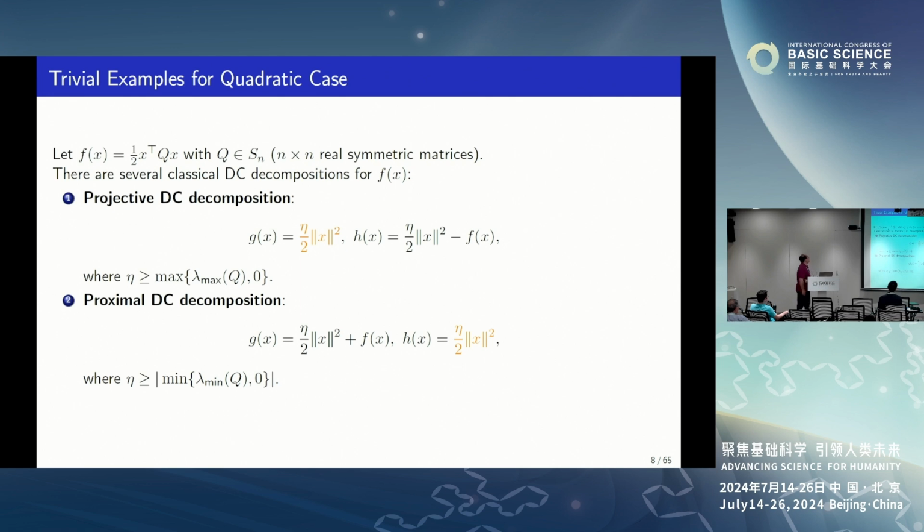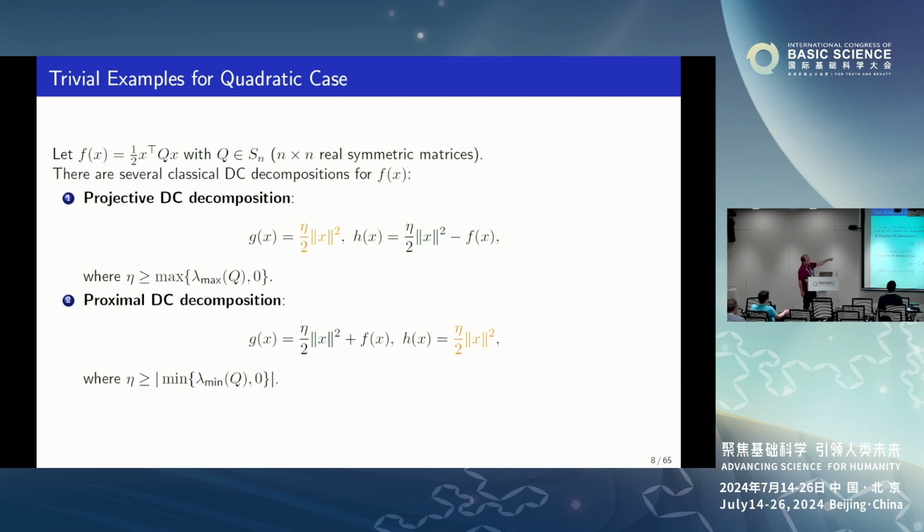So here I give you a short, very trivial example, a quadratic case, to help you understand why a polynomial can be written as DC and where the squares are. For example, here I define the function f(x) as a quadratic form, where the matrix Q is a real symmetric matrix, but the eigenvalues could be negative. There are three typical classical DC decompositions.